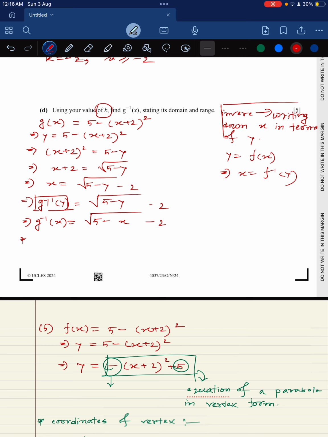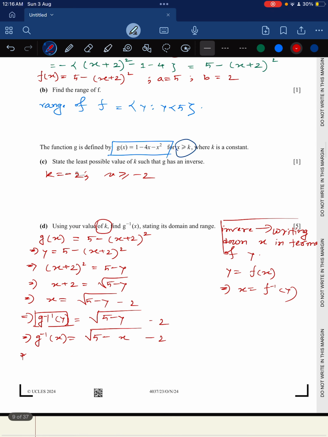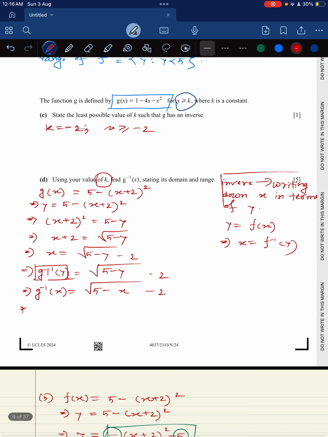Just look at it now. Its range is actually the domain of the main function.